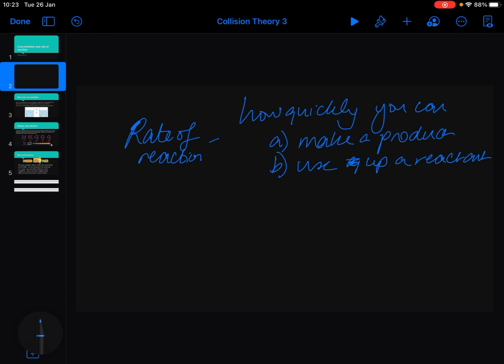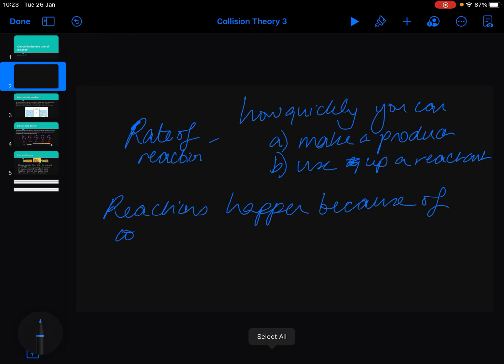Right. A reaction is caused by collision theory. So reactions happen because of collision theory. Now, collision theory states that particles must collide with each other with the right amount of energy. The more frequently that they collide with each other and the more energy they have, the more likely they are to react.